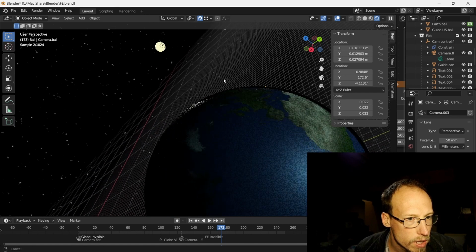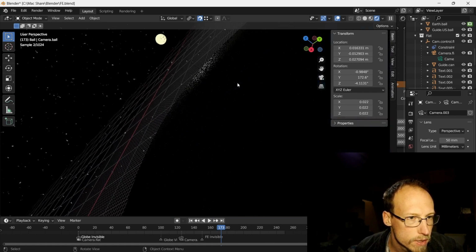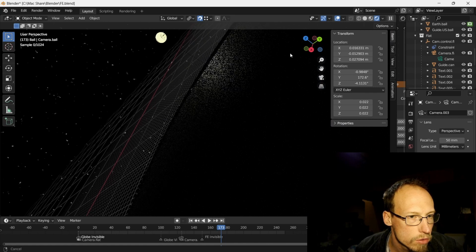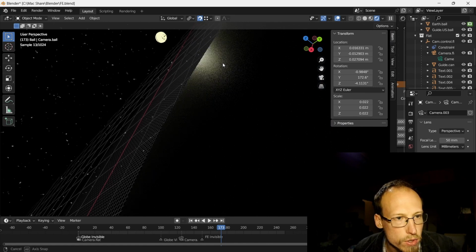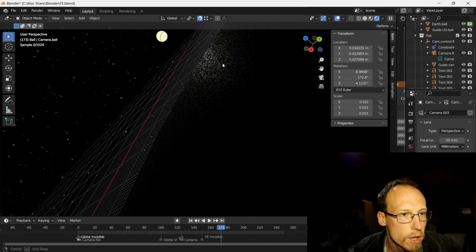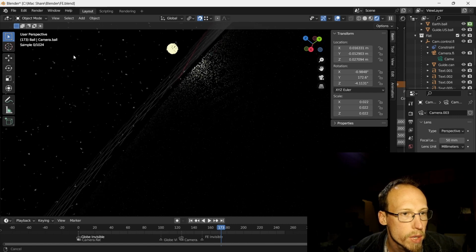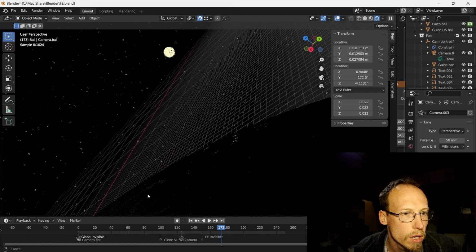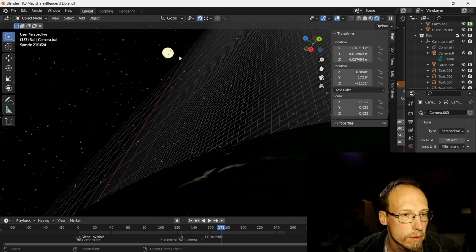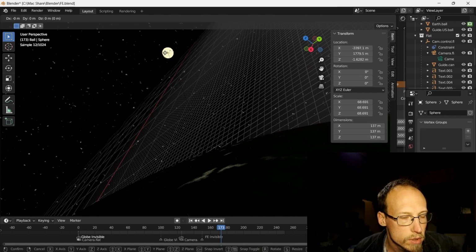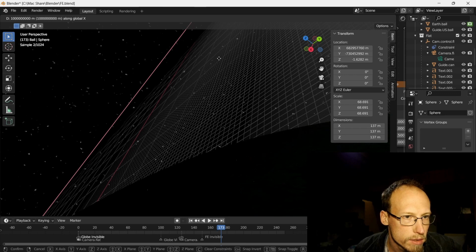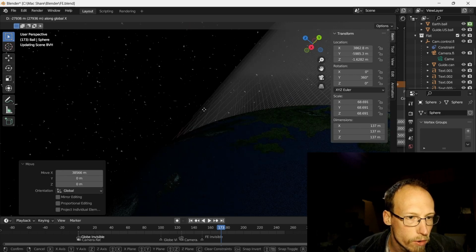It's still really, really close compared to the actual sun, but you can see that there's way less parallax than what we saw on the flat Earth. And in reality, it's even further away, so you have virtually no parallax.